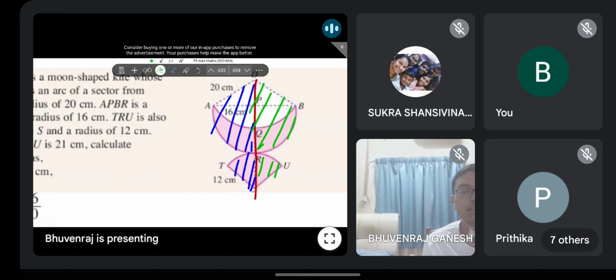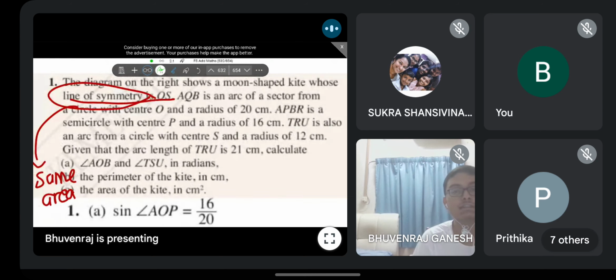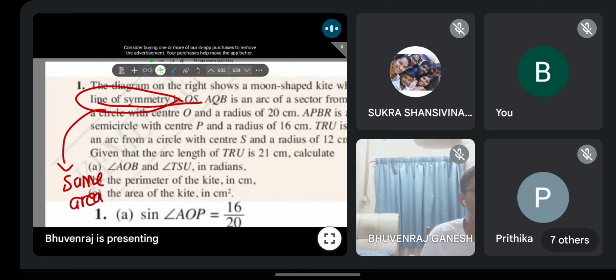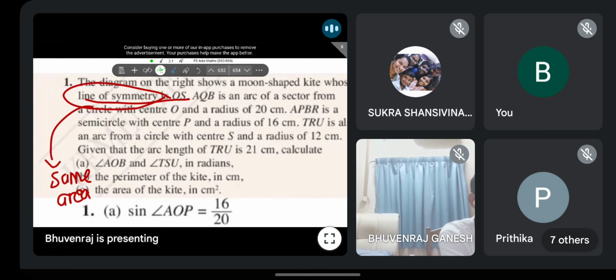Luas dia sama. Can you all understand, guys? It means the blue color area is equal to the green color area. Luas is sama. All right, because of this sentence over here, line of symmetry. Okay, symmetry means same area. So this is the information you all can get from here.